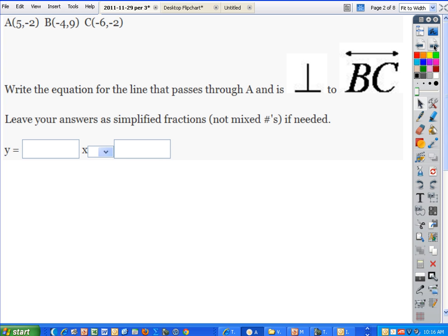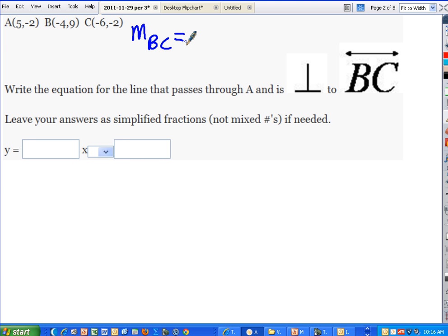So just like before, we're going to calculate the slope of BC, right? So what do I subtract on the top there? Okay, I'm going to get, that's fine. I can do 9 minus -2 or -2 minus 9. Doesn't matter as long as I'm consistent. If I'm going to subtract these numbers from these numbers, that's fine, but I have to do it for both the x's and the y's.